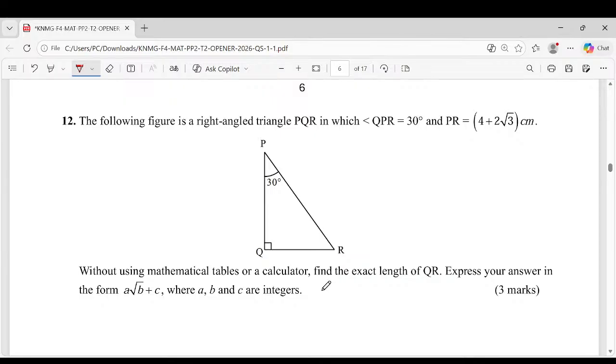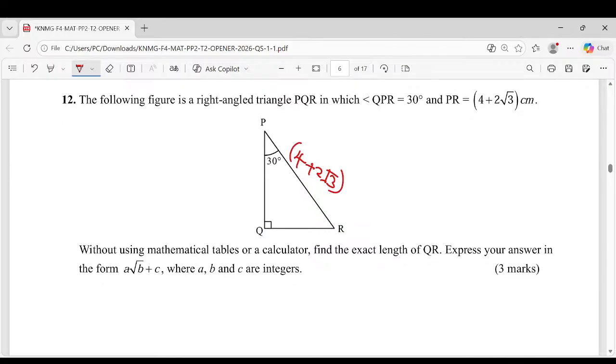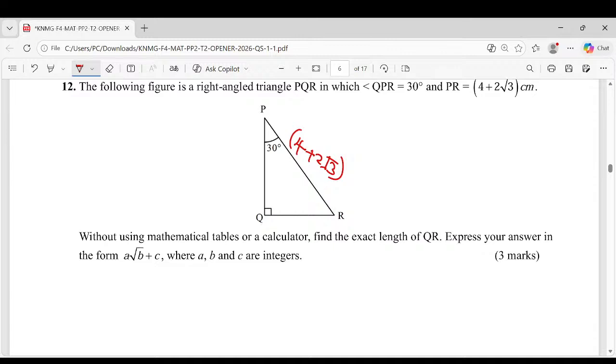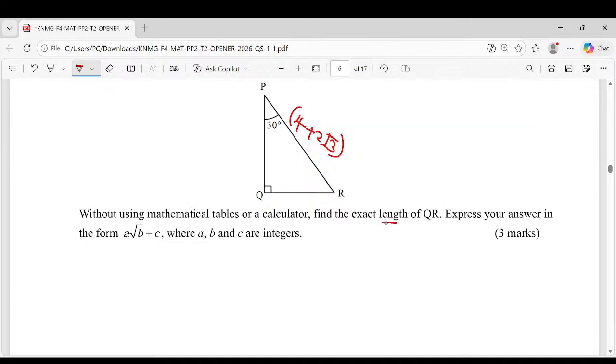The following figure is a right-angled triangle PQR in which angle QPR is 30 degrees. PR is 4 plus 2 root 3 centimeters. Without using mathematical tables or a calculator, find the exact length of QR and express your answer in the form of A plus B root C. When you get this, remember they want the exact value, the exact length of QR.